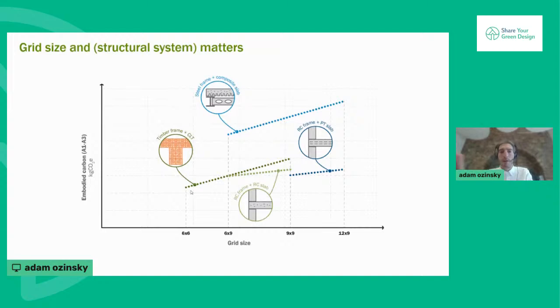Now, what you can see if you ignore the systems entirely is just, well, as the grid size decreases, as the columns get closer together, the carbon intensity decreases, no matter what system you're using. And I think the systems come on top of that as a layer. So first get the grids right, then get the systems right.